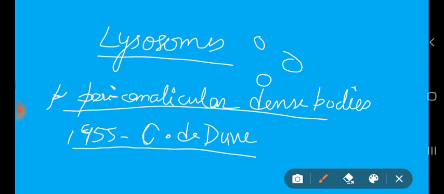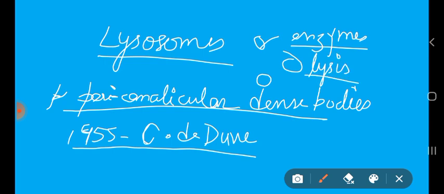C.D. Dewey found that these pericanalicular dense bodies, what we call today lysosomes, contain some enzymes that have the capability to do lysis, to break down the components of macromolecules.